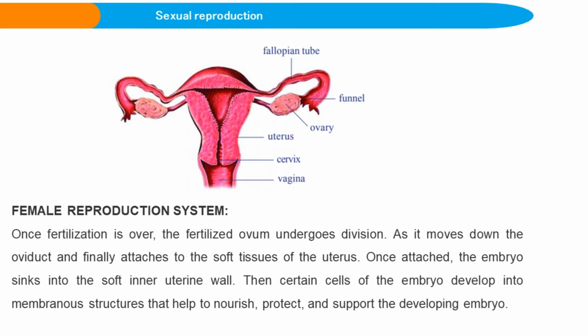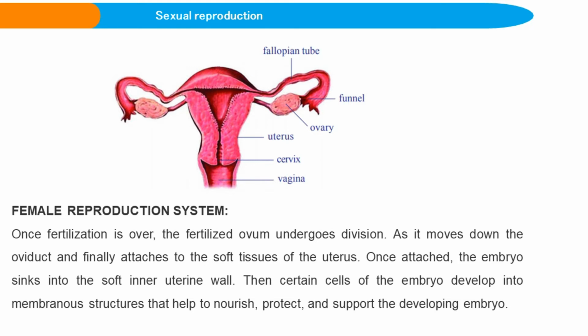Once the implantation is done, the embryo sinks into the soft inner uterine wall, and the cells of the embryo develop into a membranous structure that helps to nourish, protect and support the developing embryo.